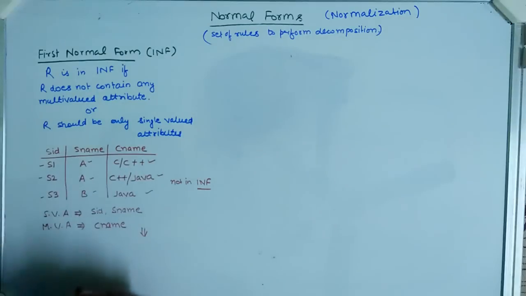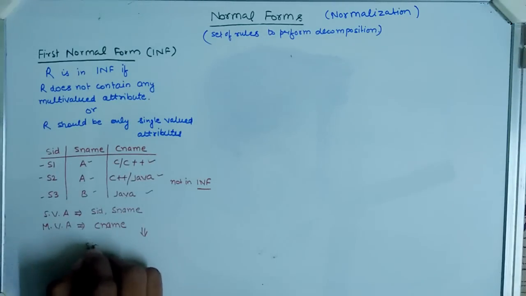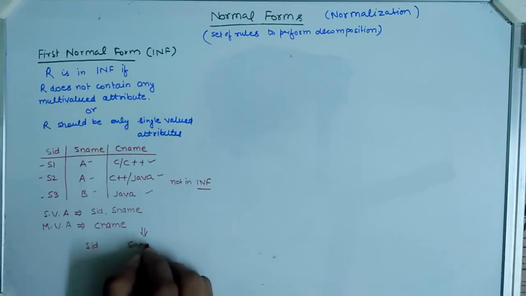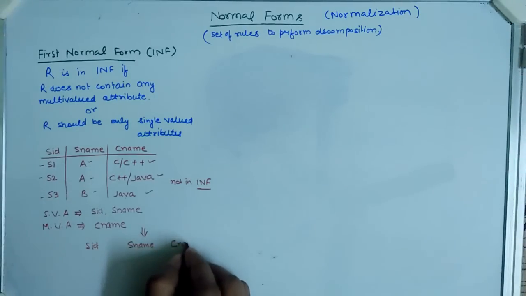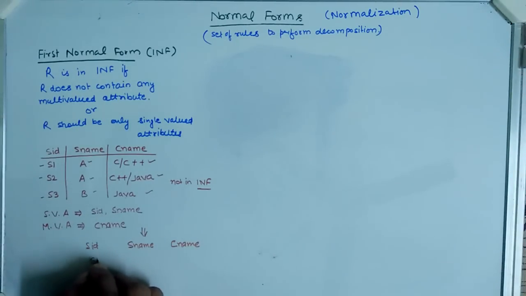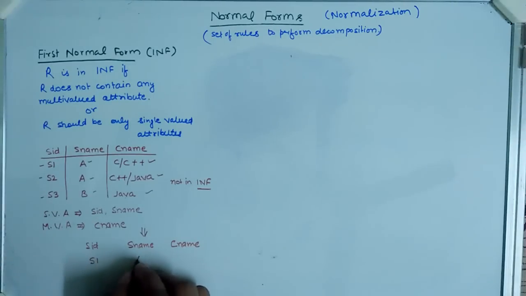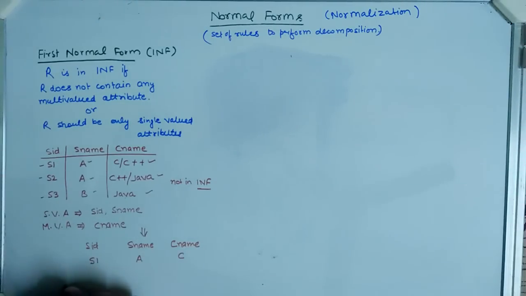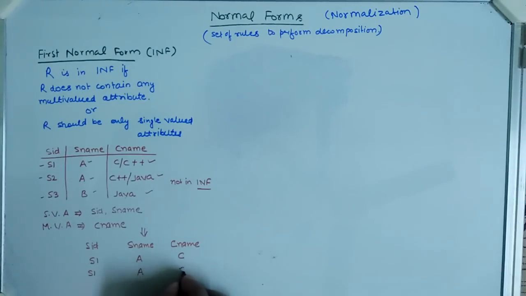So the same table can be converted as SID, SNAME, course name: the student with SID S1 and name A studies C, and the student S1 with name A also studies C++. So the two courses are split into two tuples with the redundant information in these two attributes SID and SNAME. Similarly, for S2 you do the same.